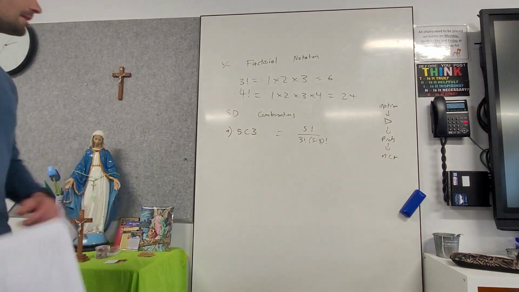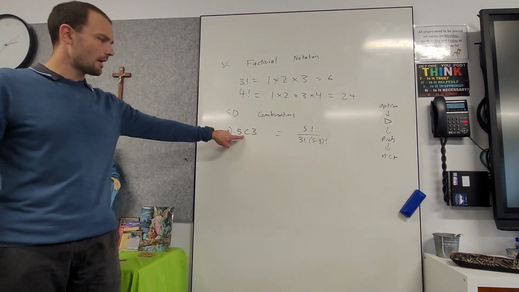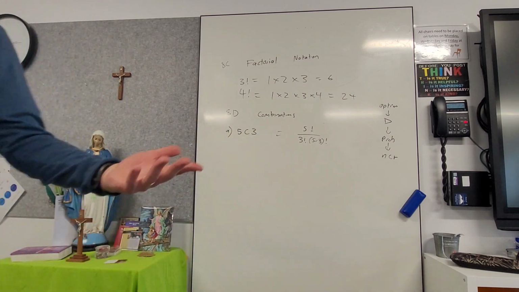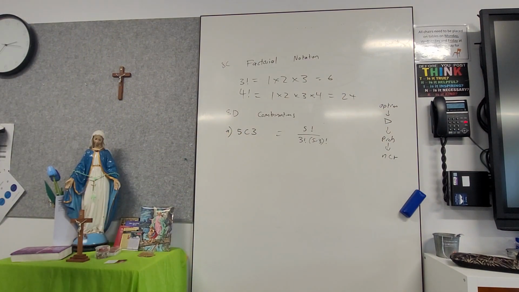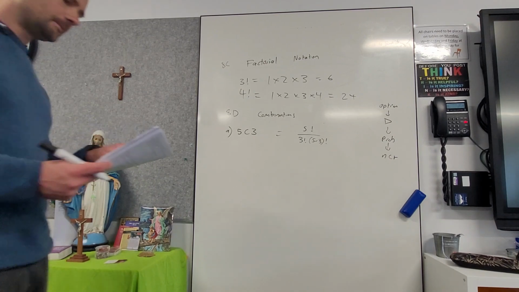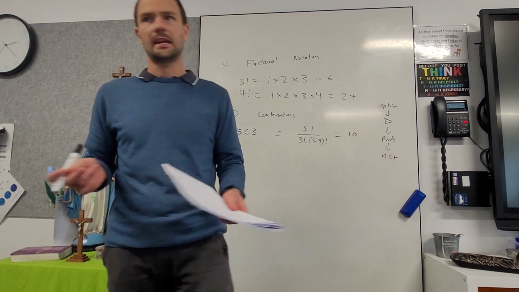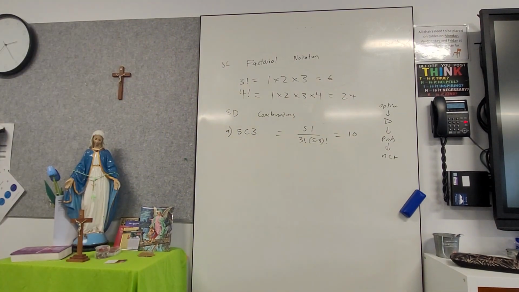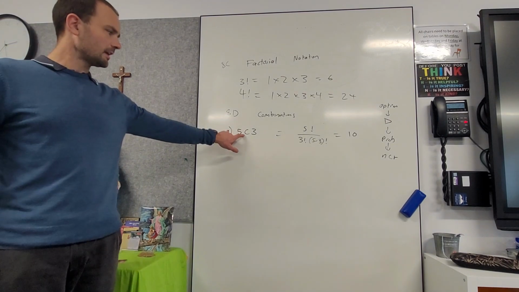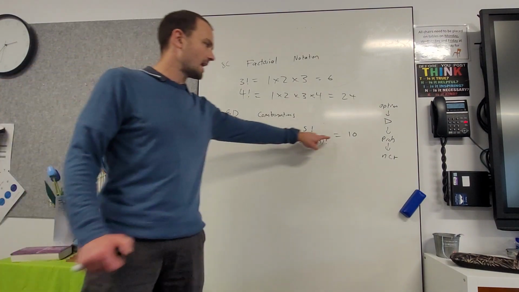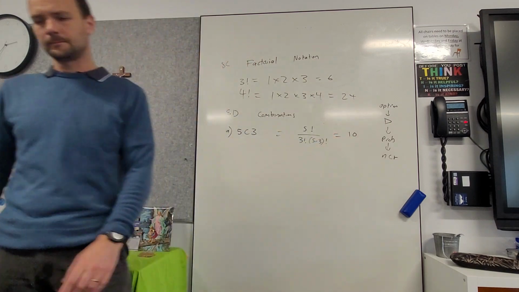The way we would type it in our calculator is 5, the C, and then the 3, and then press execute. If we type this in, 5C3, we will get 10. So verify that that's the case. What that means is if we have 5 things and we're picking a group of 3, we've got 10 possible groups we can have.